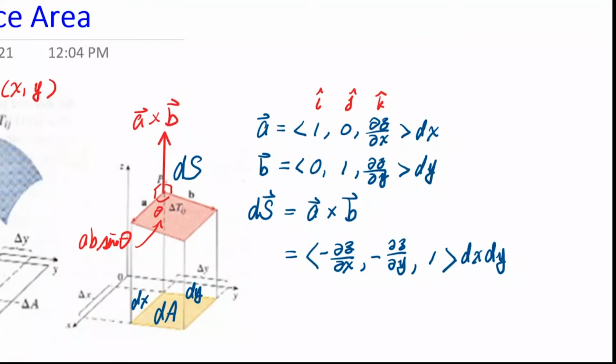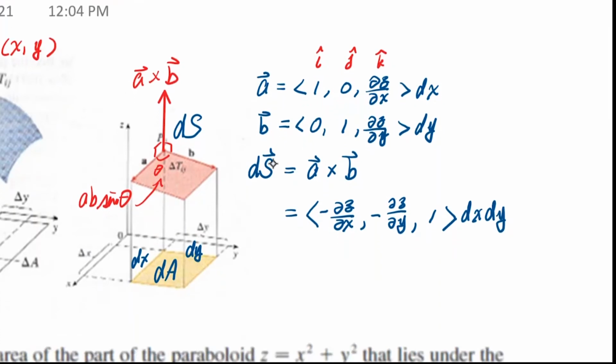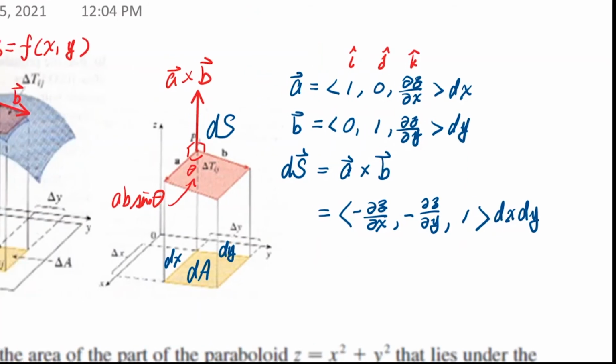With me? Say yes. Okay, and this vector dS, or many mathematicians call it n, the normal vector, times dS. We'll deal with it later, and that becomes a huge thing later. But for now, this magnitude dS is just the magnitude of this vector, isn't it?